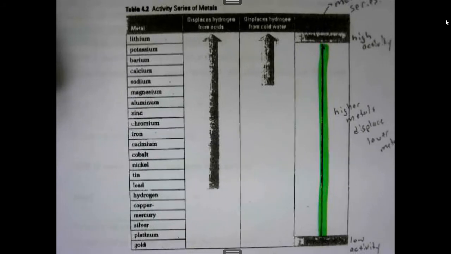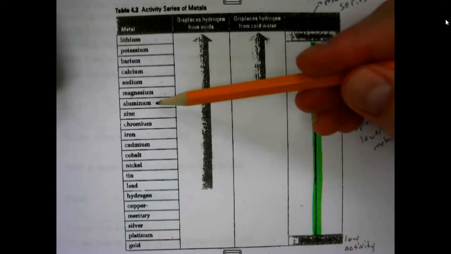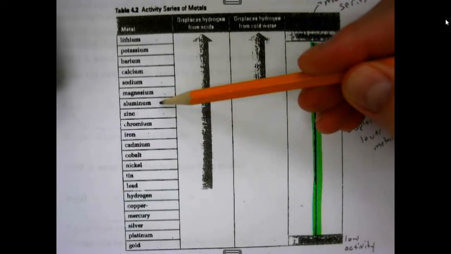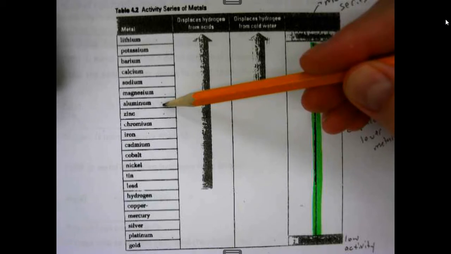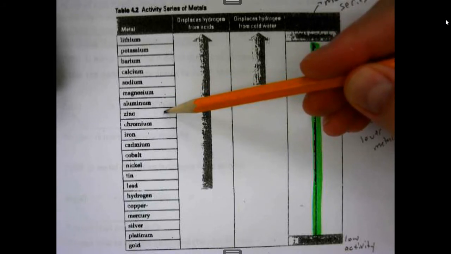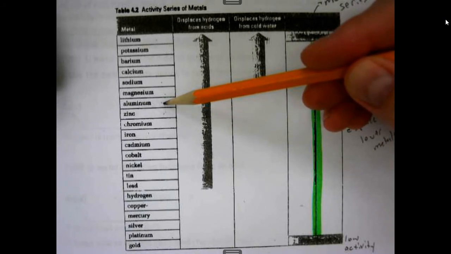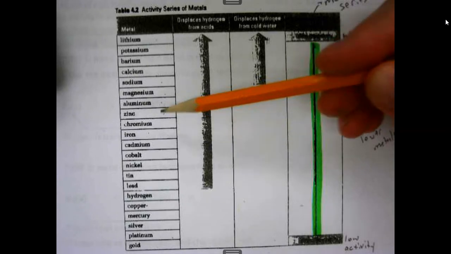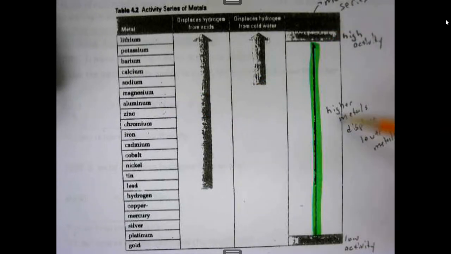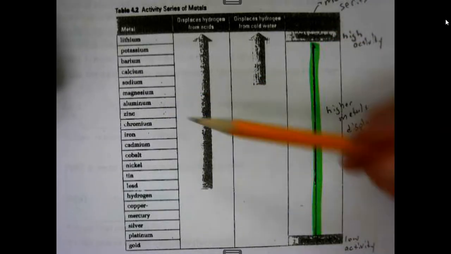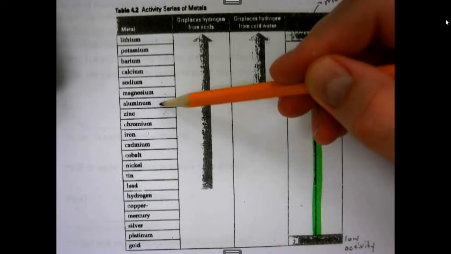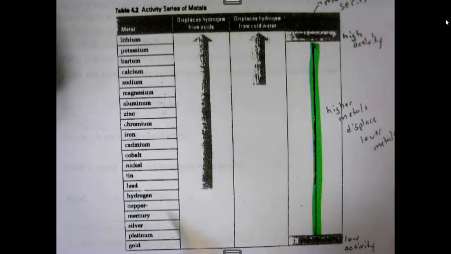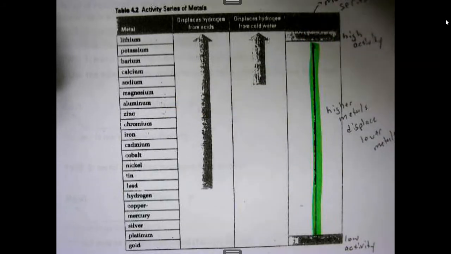What that means is if a metal is higher than another metal, so if aluminum, let's say, was the lone thing, and I was trying to displace zinc from a compound, aluminum could displace zinc because it's higher up. Zinc could not displace aluminum from a compound because aluminum is higher than zinc. And this has to do with the amount of reactivity or activity that they have. So in the case of these two, zinc is not active enough to replace aluminum, but aluminum is active enough to replace zinc.